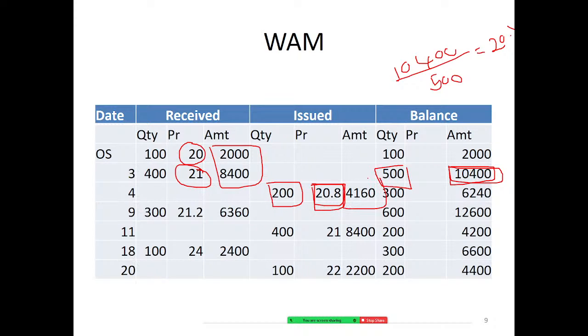So the cost is 41,060. This value should be deducted from this value, and we can take this value. So this is the process. It's very simple. No need to memorize from which item, which quantity we have consumed. Clear? So according to the WEM method, the value of inventory equals 4,400.